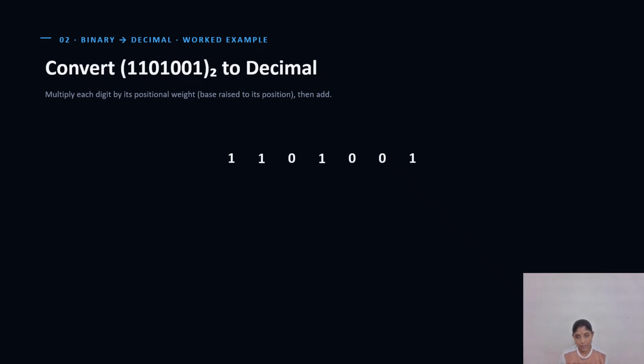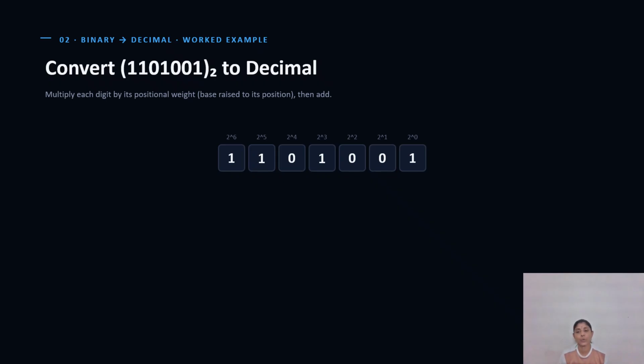One more thing you know: a binary system has zeros and ones. 1 represents an on state, and 0 represents an off state.